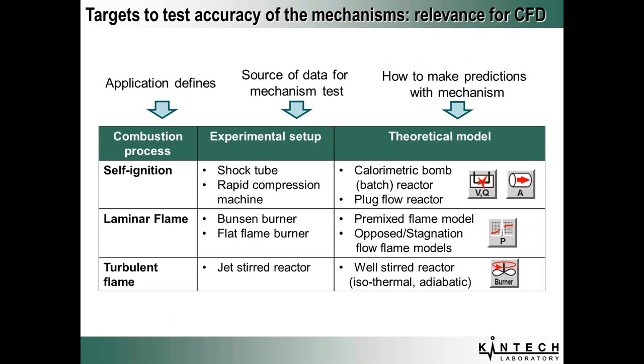So on this slide, I'm showing the following information. Again, the combustion process, the experimental setup which is used to extract information related with the chemical kinetics of the process, and the theoretical model which reproduces this experimental setup. So now I have the possibility to collect experimental data on ignition delay time, or flame speed, or species profiles, and put this data into the table.